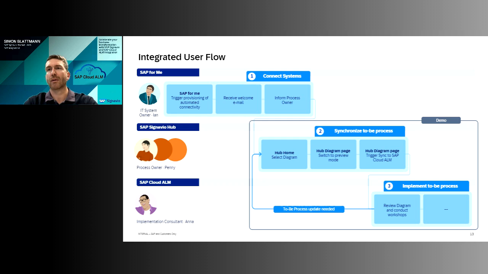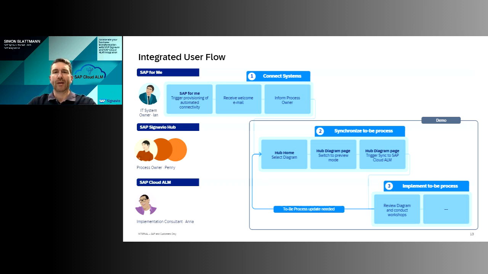And we are also connecting the respective SAP Cloud ALM tenant, which we find in your system environment, under the limitation that both the SAP Signavio workspace and the SAP Cloud ALM tenant are within the same business partner number. That's a prerequisite. So once everything is set up successfully, you will receive a welcome email, and you can then inform the process owner that they can now use the integration productively.